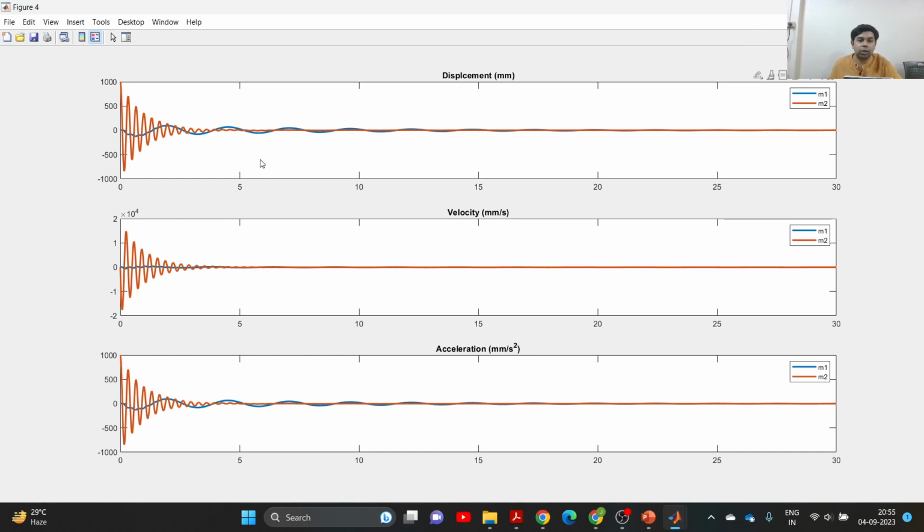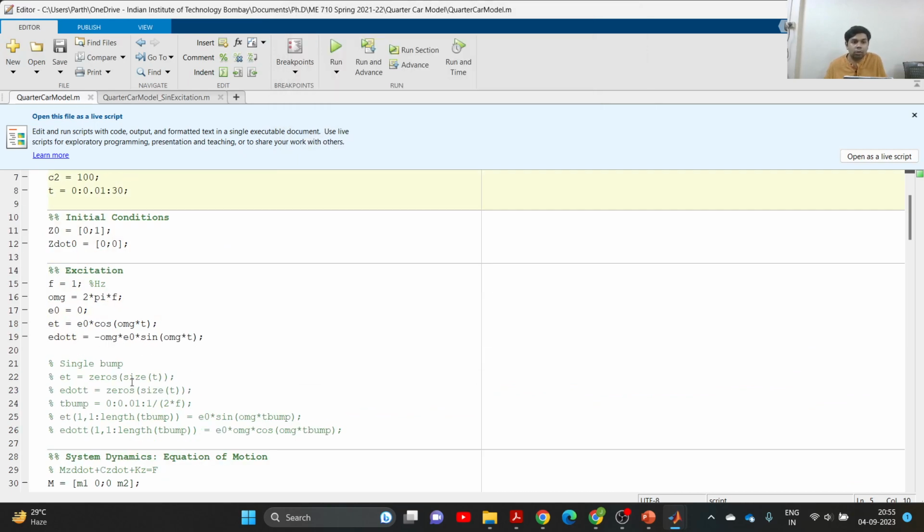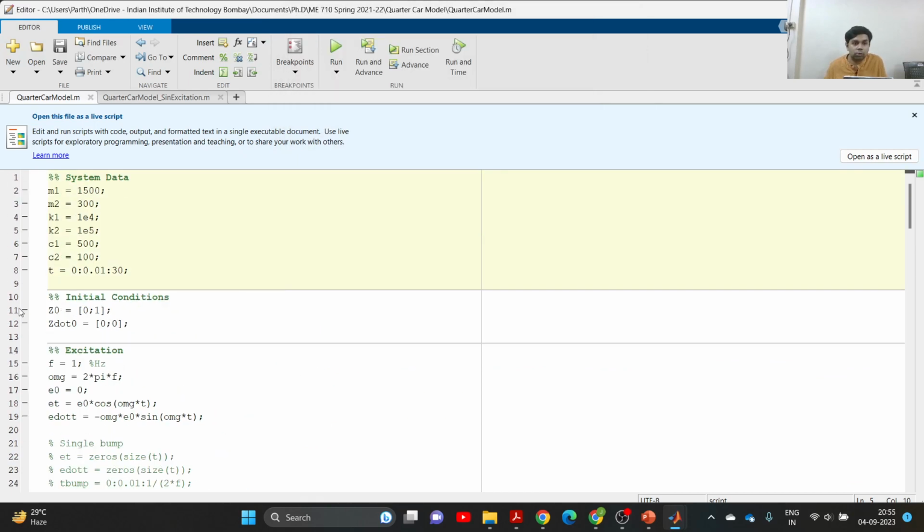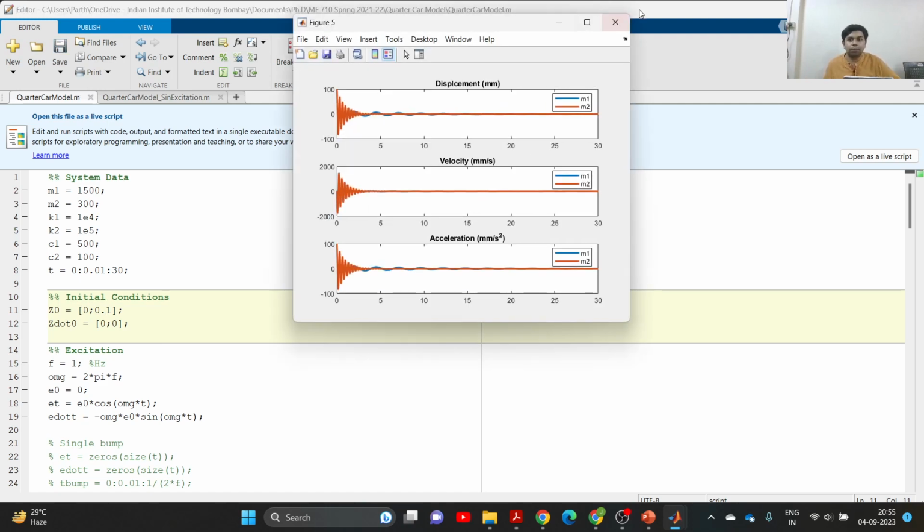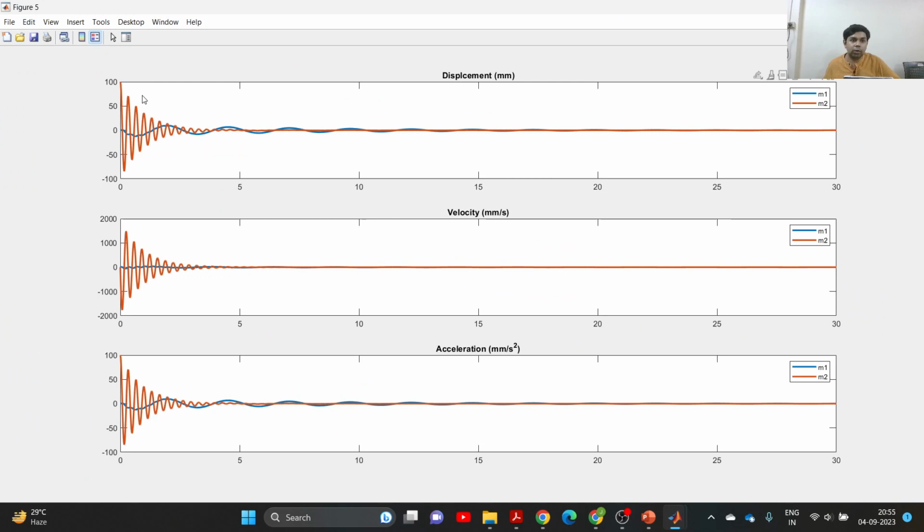Again we get a similar case as when we apply an initial displacement of 0.1 meters to the wheels. Then the motion of our car body will be small, but it will eventually decay very fast.